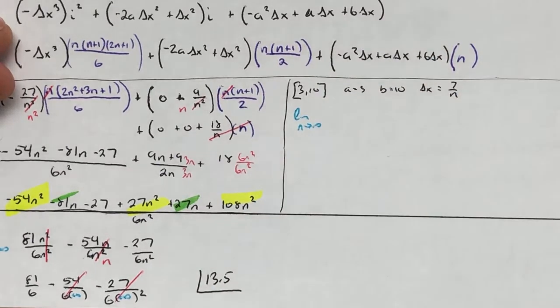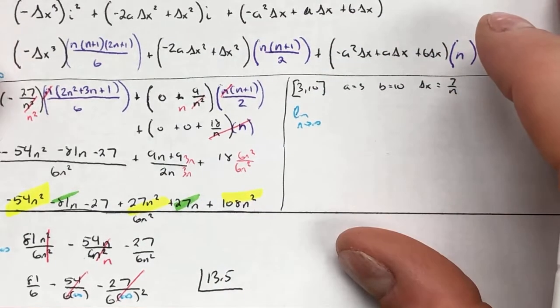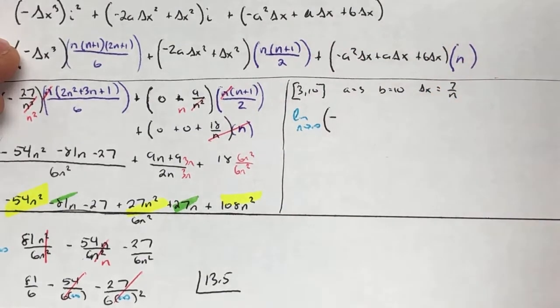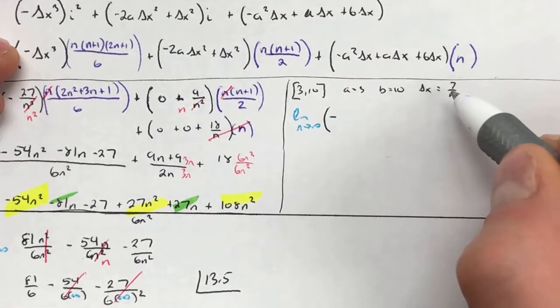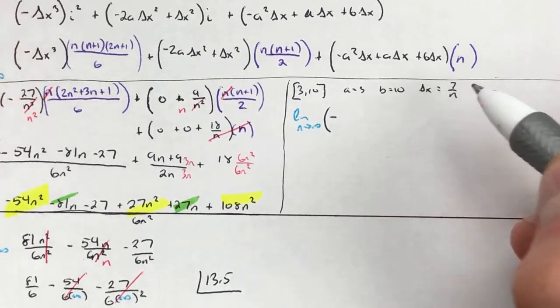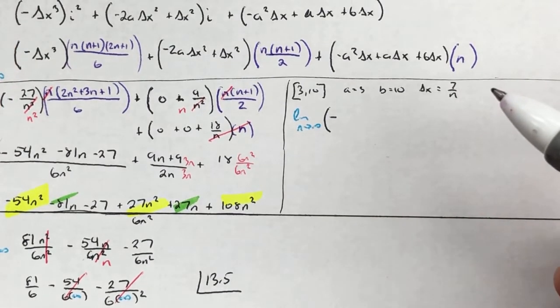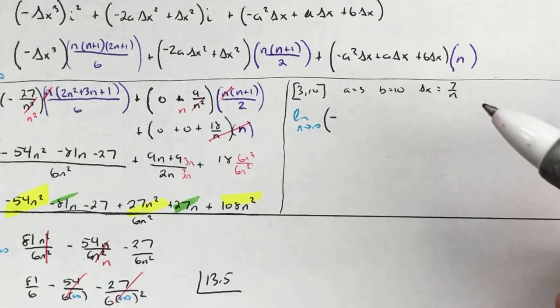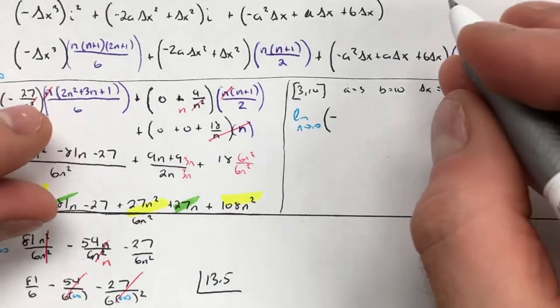So I write out the limit notation. And I have negative delta x cubed. So 7 cubed, 7 by 7 by 7, I believe is 343. Let me double check. 7 to the power of 3 is 343.